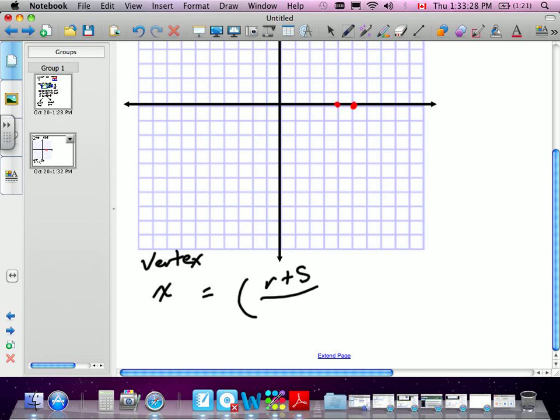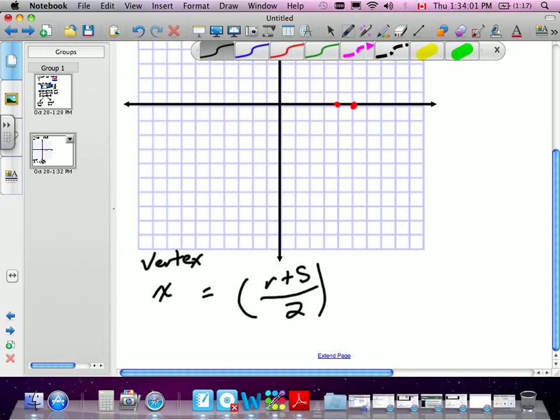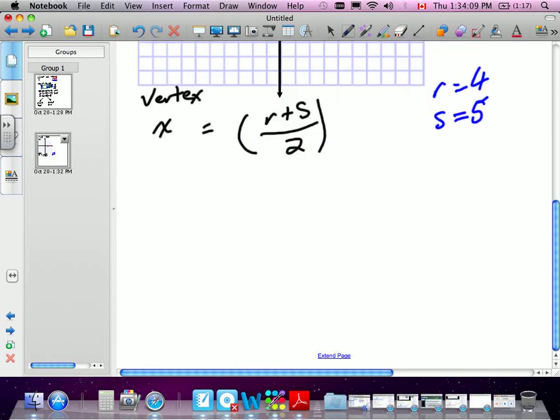We knew R was 4, S was 5. We plugged them in to find our X. So we get 4 plus 5 divided by 2 becomes 9 divided by 2, which is 4.5.